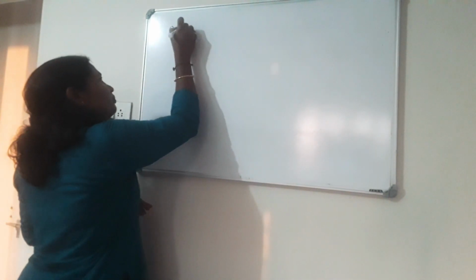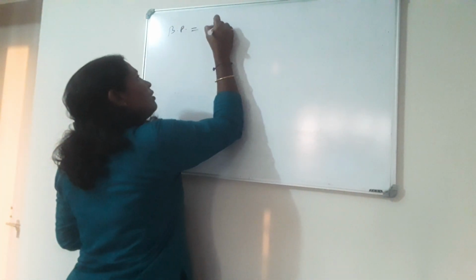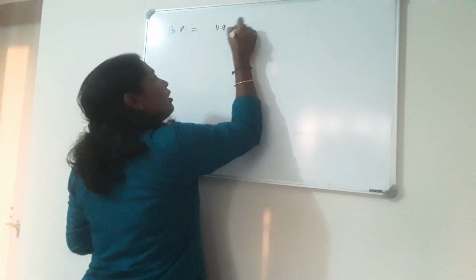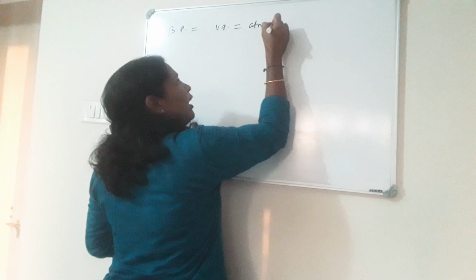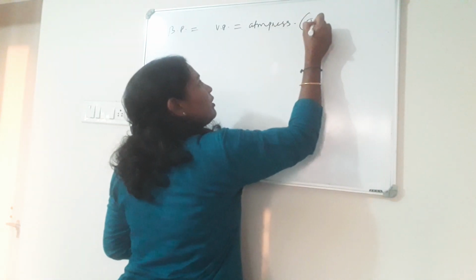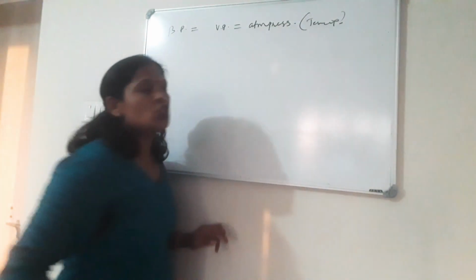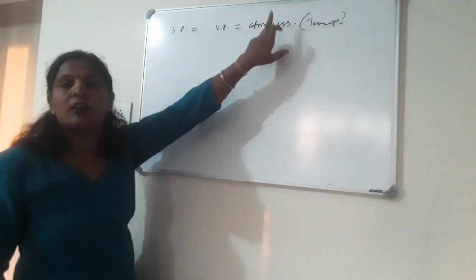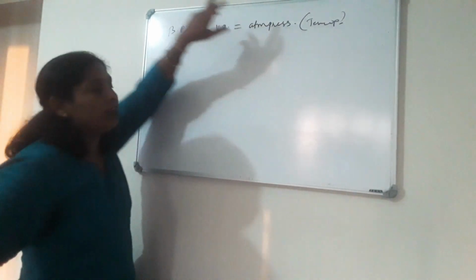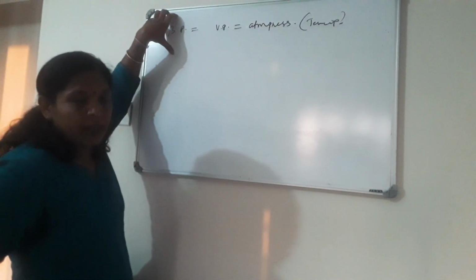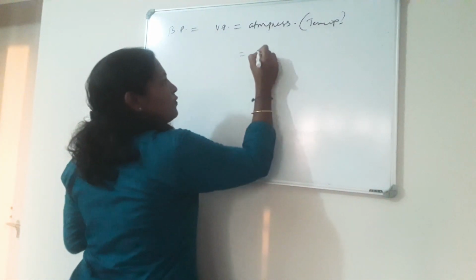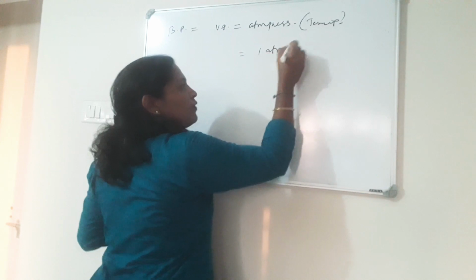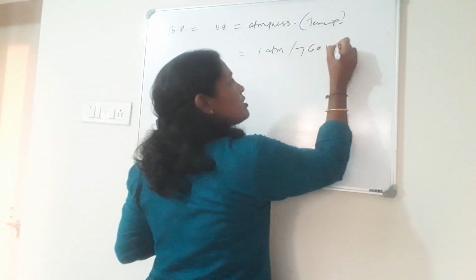Temperature at which vapor pressure becomes equal to the atmospheric pressure, that is known as the boiling point. If we are considering normal boiling point, in that case atmospheric pressure is 1 atmosphere or 760 millimeter Hg.